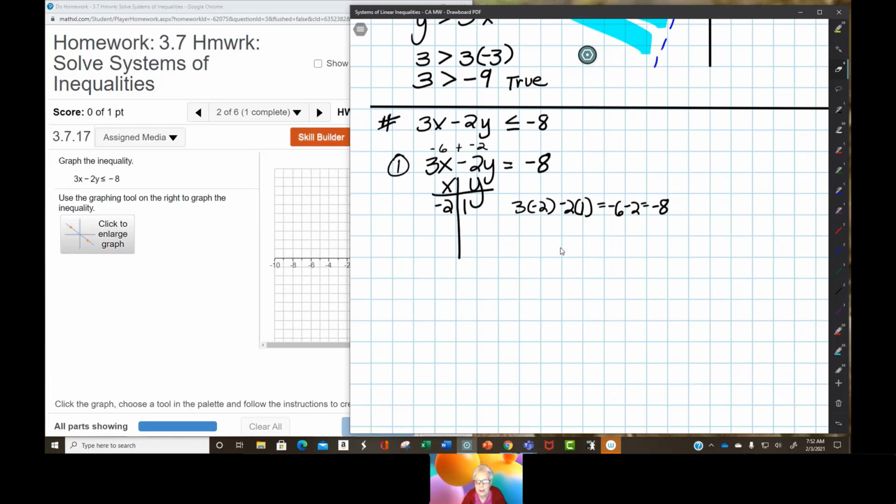Look at this situation. What if x were 0? Then look what would happen. I would have 3 times 0 minus 2y equals negative 8. 3 times 0 is 0. So that would be negative 2y equals negative 8. Boom, negative 2 goes into negative 8 evenly.